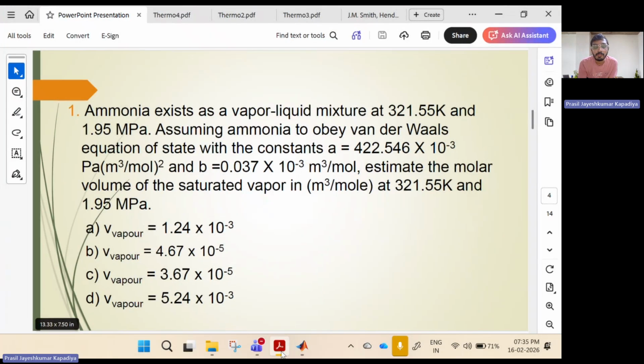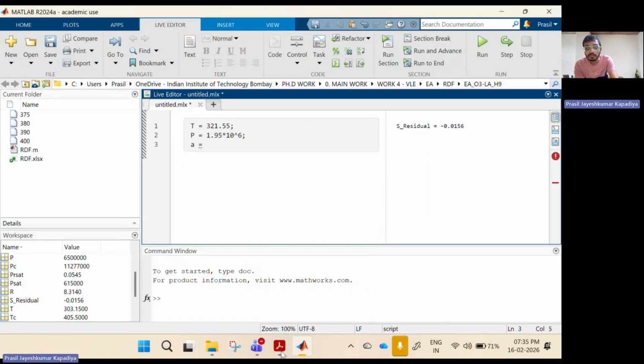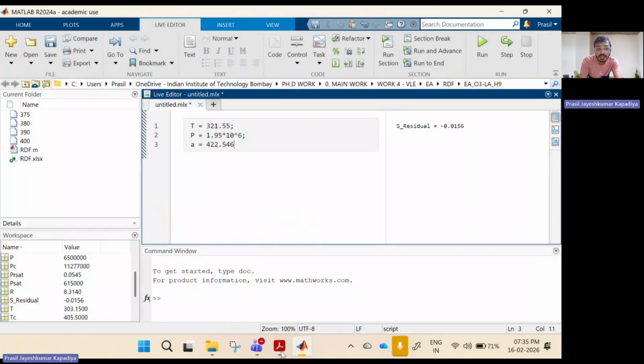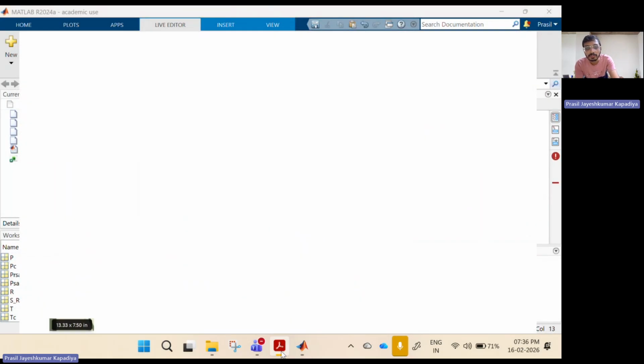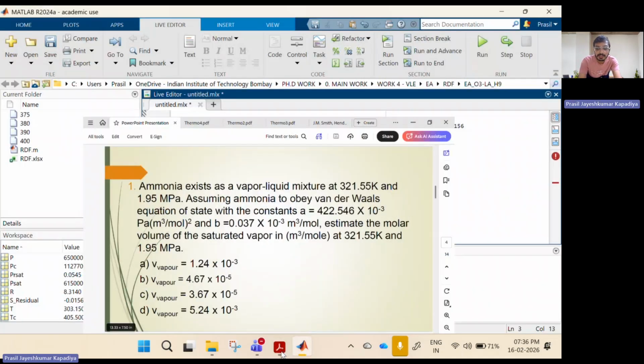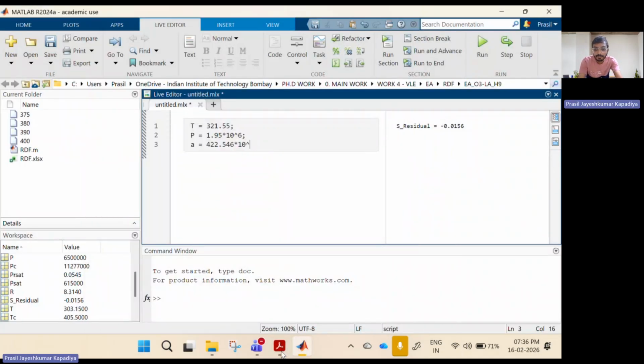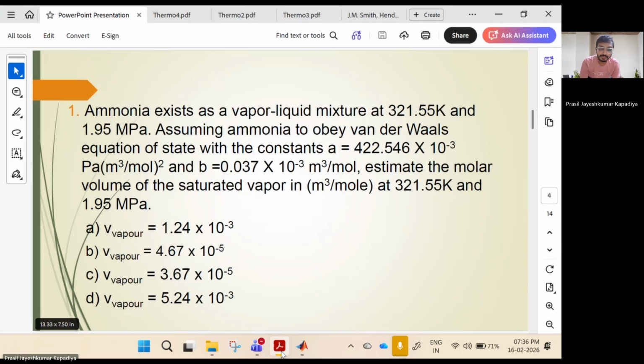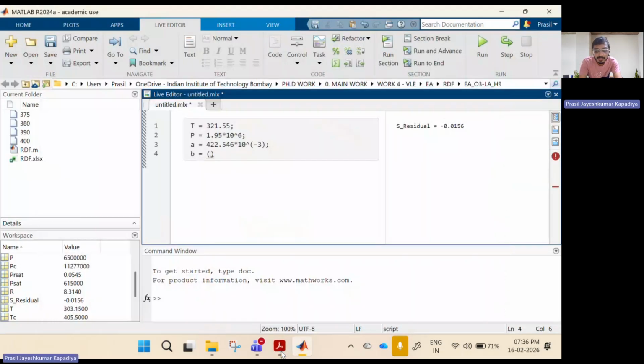Okay. My constants: A is equal to 422.546 into 10 raised to minus 3 in SI units, and my B is equal to 0.037 into 10 raised to minus 3.